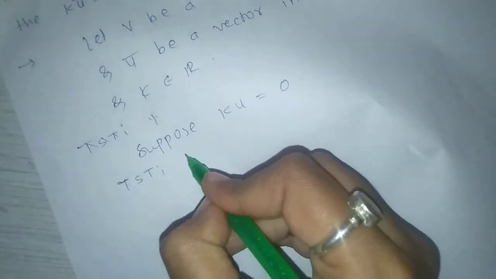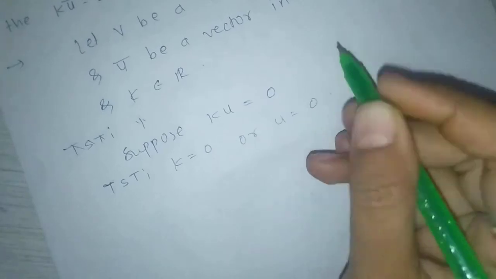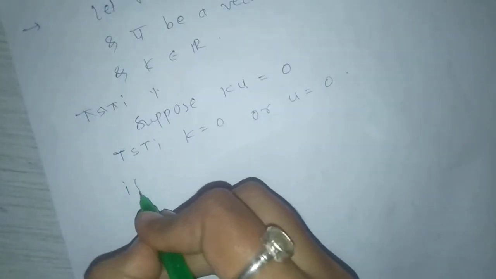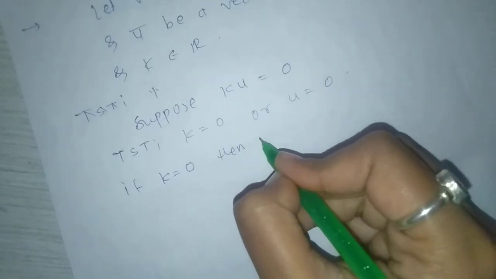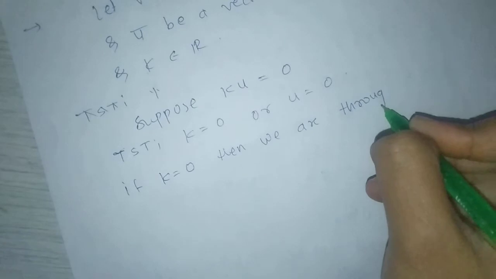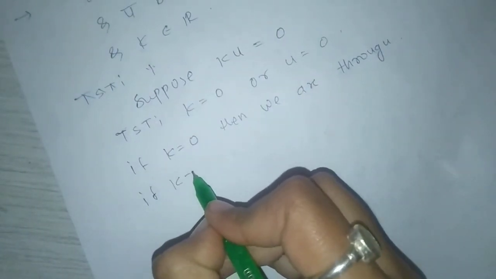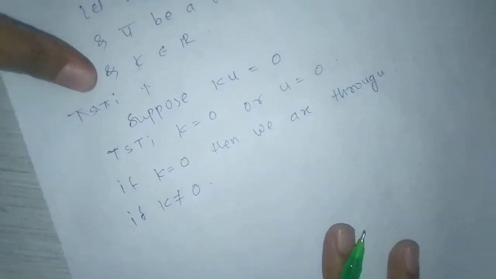Suppose K into U equal to 0. Now to show that K equal to 0 or U equal to 0. If K equal to 0, then we are through, means there is nothing to prove. And if K is not equal to 0, then show that U equal to 0.